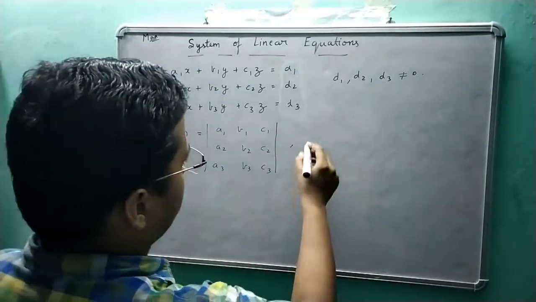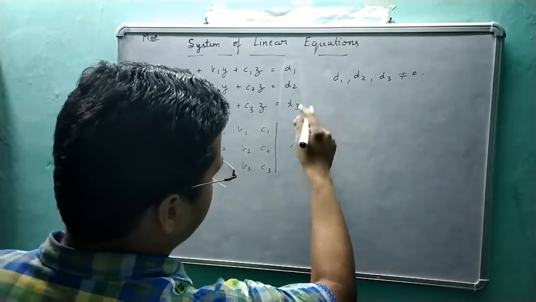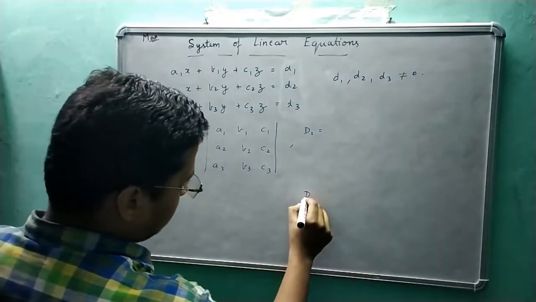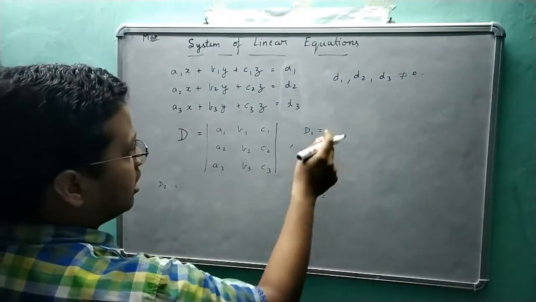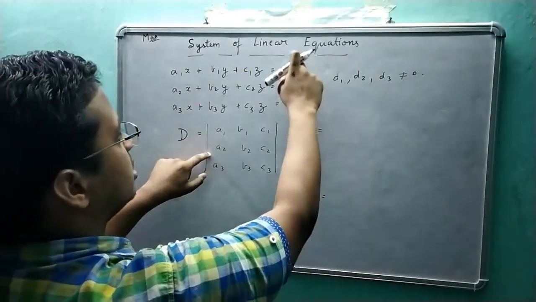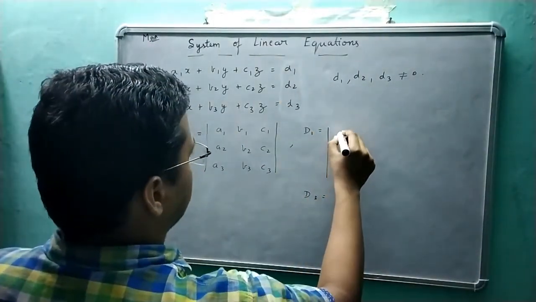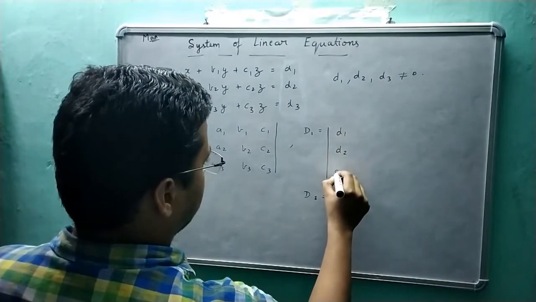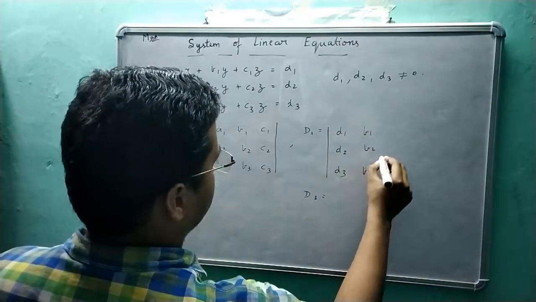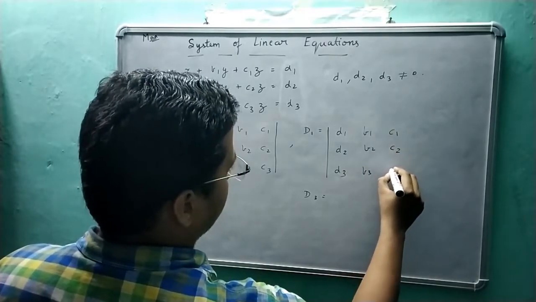Now, he had three other determinants like this, D1, D2 and D3. In D1, what he did, he replaced the first column with these constants. So d1, d2, d3, b1, b2, b3, c1, c2, c3.